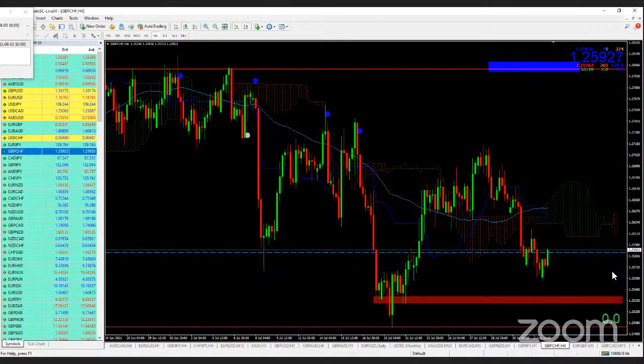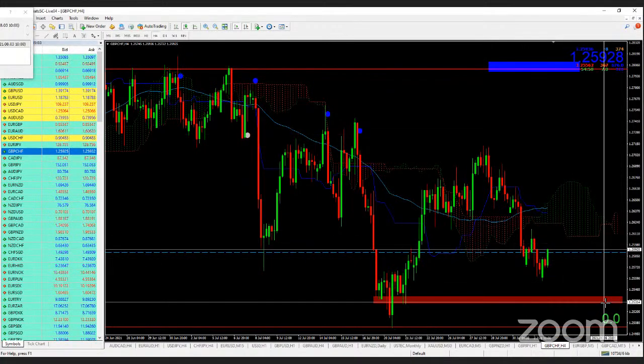No system, whether it's the Ichimoku, moving averages, MACD, RSI, none of them is perfect. Price is king. I'm not so much looking at the Ichimoku here now. I'm seeing it, but what I'm focusing on is price action. I'm seeing through the indicators there, and price action tells me it's going up.